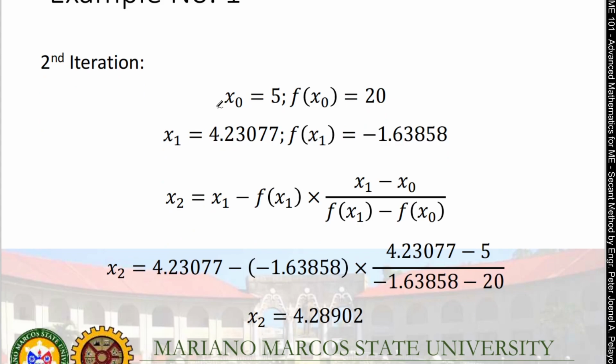And then, ang x0 natin ngayon is 5, x1 natin is 4.23077 with values of f(x0) and f(x1) na solved na. So, kukunin natin si x2: x1 minus the quantity f(x1) times x1 minus x0 all over f(x1) minus f(x0). X2 natin is 4.28902.